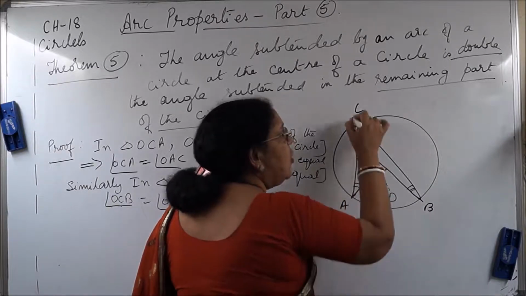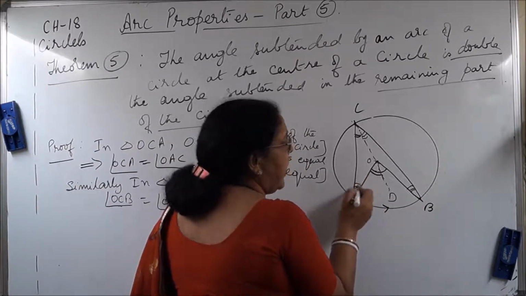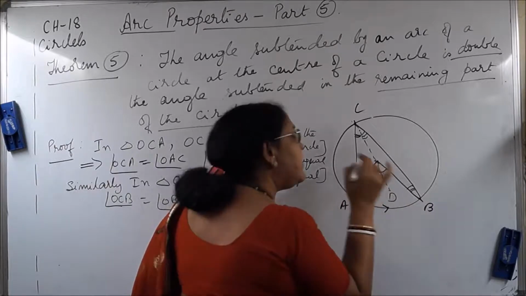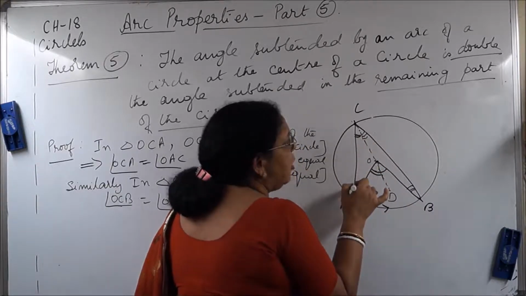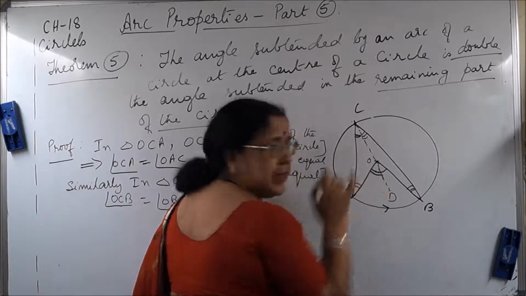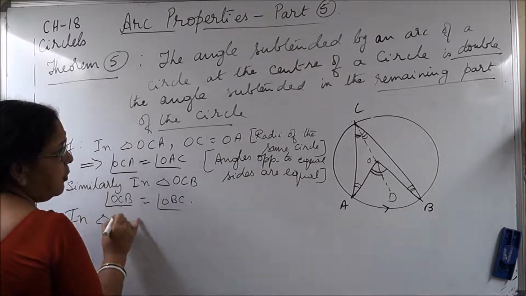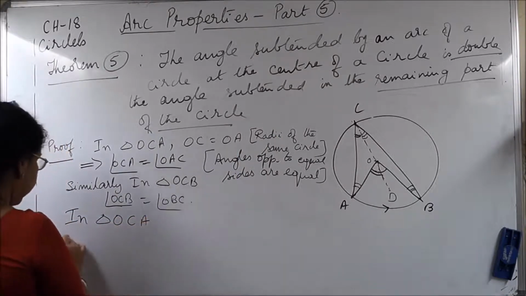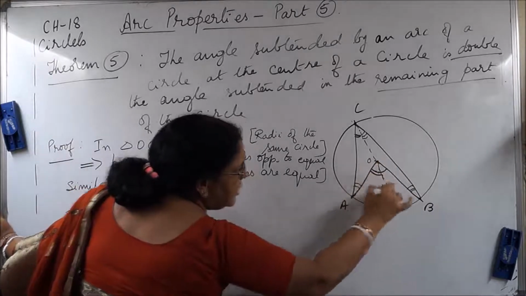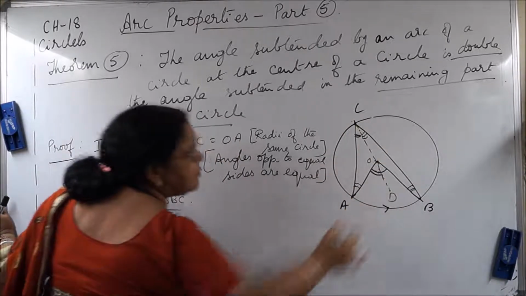According to this triangle, OC is extended up to D, produced up to D. So the angle formed is angle AOD, which is the exterior angle, and it is equal to the sum of the interior opposite angles, that is angle OCA and angle OAC. Okay, so let us write in triangle OCA, exterior angle AOD. Okay, that is the angle formed by producing OC up to D.